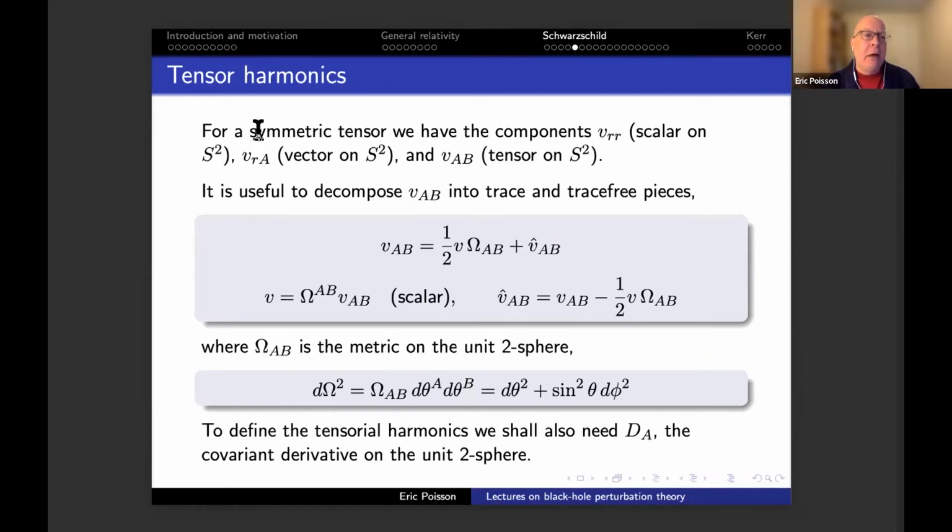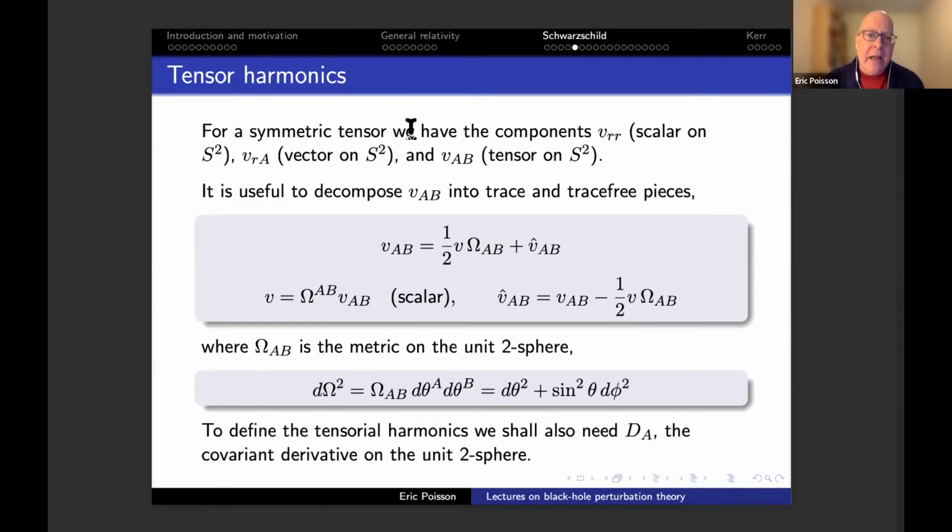For simplicity here, I'm going to focus on symmetric tensors. I could generalize this to any type of tensor. I could just include a discussion on antisymmetric tensors, then I can combine the two. But because eventually I'm going to apply this to the metric, being symmetric means that I don't lose anything for this discussion if I focus entirely on symmetric tensors.